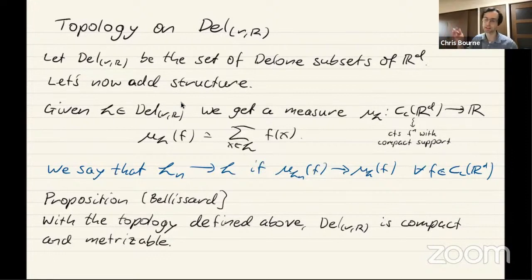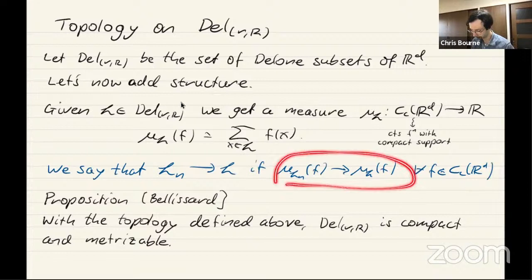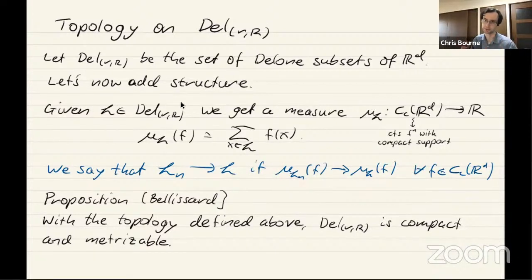From this functional, I can then pull back the topology using the weak star topology. What that means is that we say a sequence of Delone sets converges to some other Delone set L if for all compactly supported continuous functions, I get convergence of these measures, where now this is just convergence in the real numbers. So you can make sense of it quite easily.